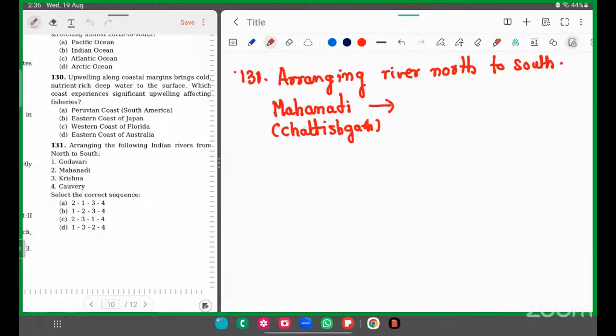After Mahanadi comes Godavari, which originates in Nasik, Maharashtra. Then comes Krishna.